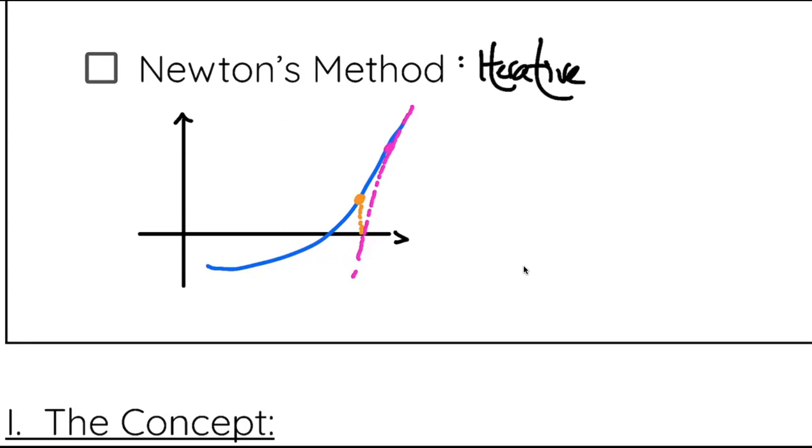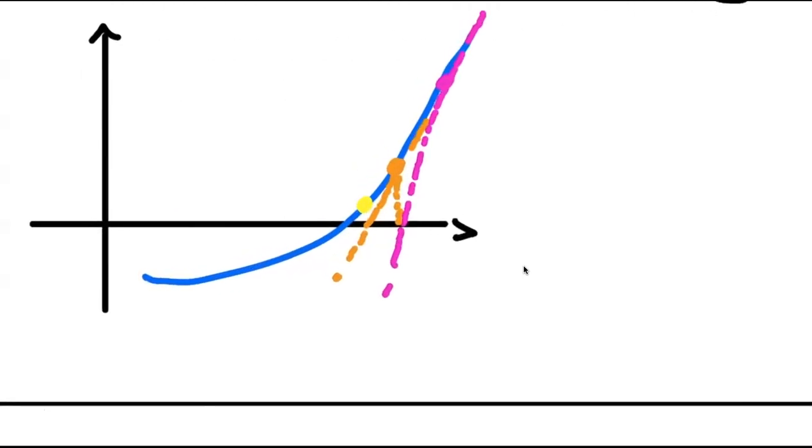And then we do this process again. So from the orange line, we sketch a tangent line, and we say, where does that tangent line cross? And from there, we go up to the y value on the curve. And if I zoom in here, I'm going to draw one more of these. All right. So we again find the tangent line.